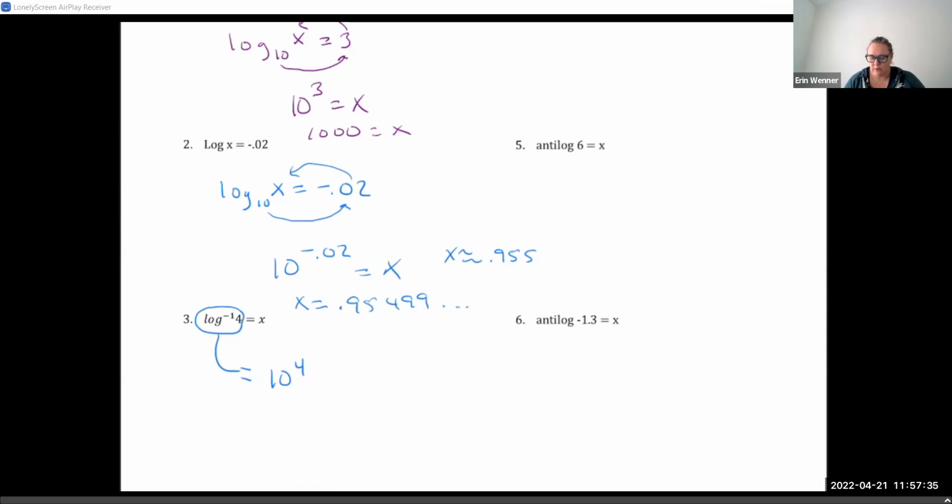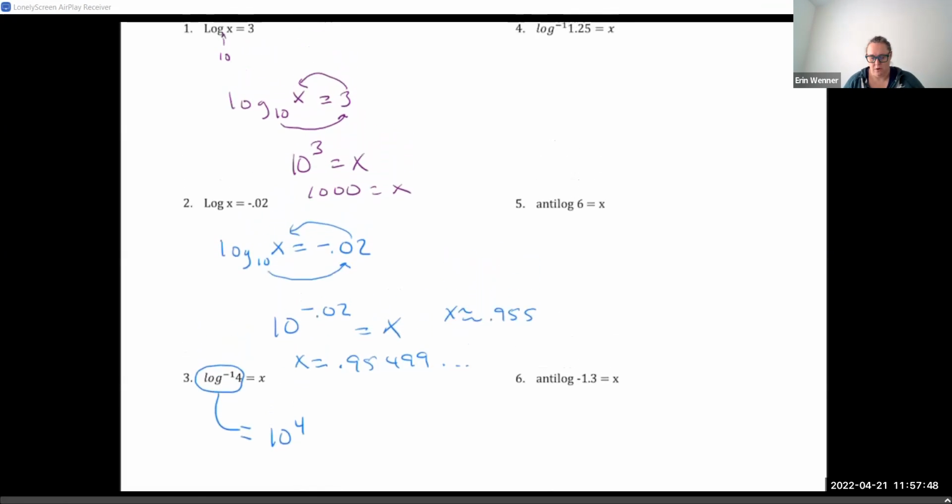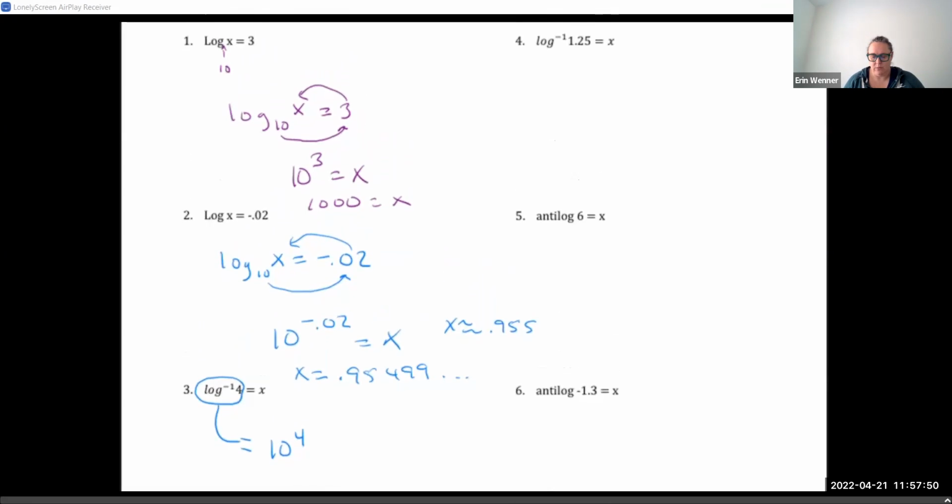So how they got there would have been log of x equals 4, and so log to the negative first says undo that, and we would say that it's 10 to the 4th. Okay. So using that idea, what would we write for number 4?